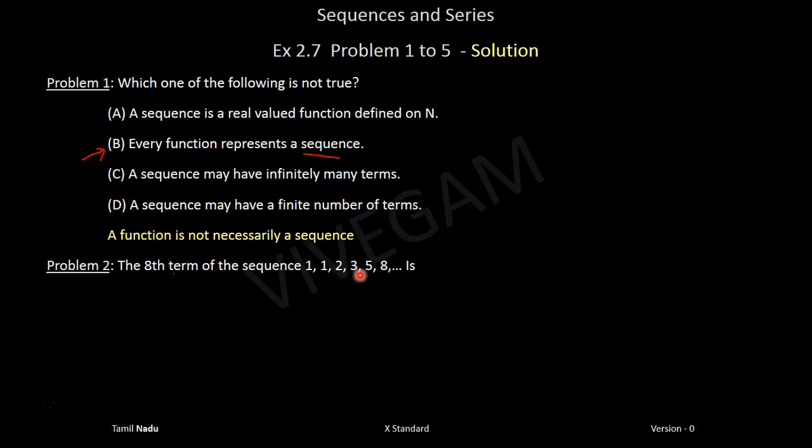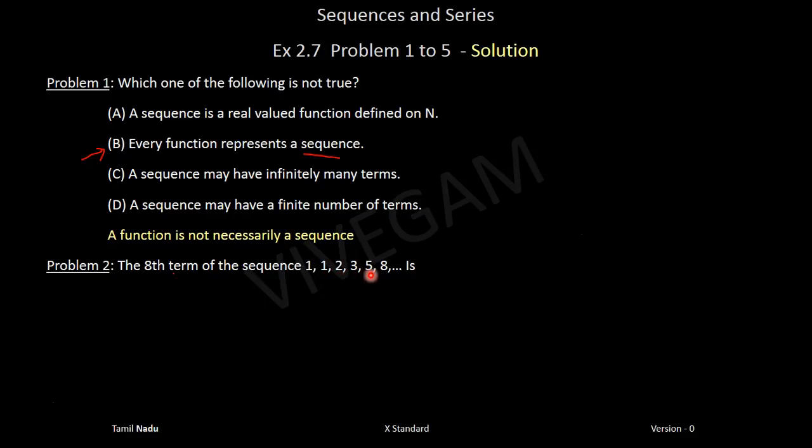Next problem. The 8th term of the sequence 1, 1, 2, 3, 5, 8. If you carefully look at it, this is the Fibonacci sequence. The first two terms are equal, f1 equal to f2, and from f3 onwards, from the third term onwards, each term will be the sum of the previous two terms. If you look at it, 2 is the sum of 1 plus 1. 3 is the sum of the two terms before it, 2 plus 1.